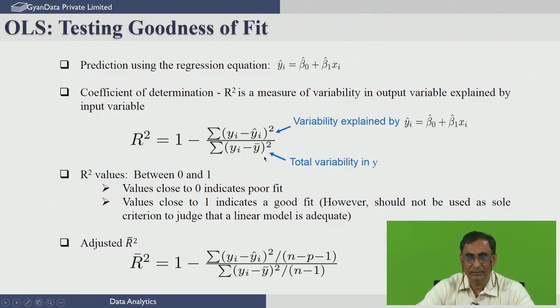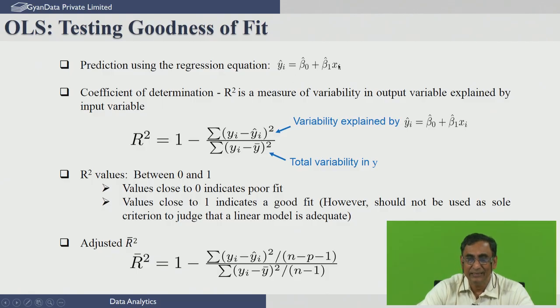The denominator is the variability in yi. What do you mean by that? If you are given just yi and try to find out how much variance there is in the data, this quantity divided by n of course gives you the variance of y. So you can say this much variability exists in the data. Suppose I build the model and try to predict yi.